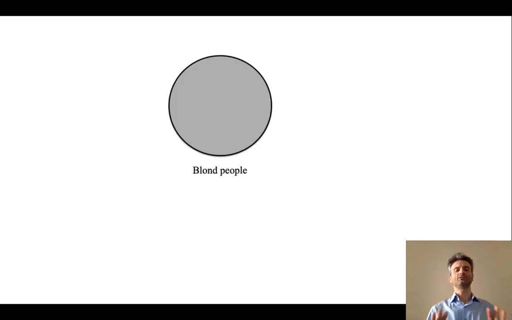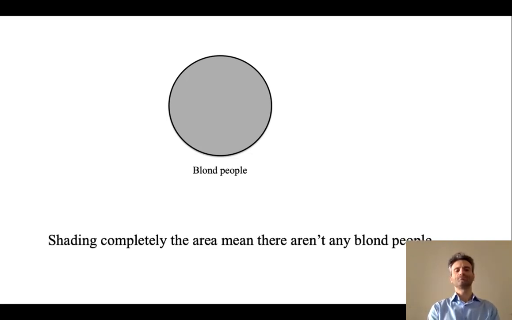And if I shade completely the area of the circle, I shade it. Now, by shading, remember this, when you shade completely the area of the circle, it's like you're putting a lid on it and nothing goes in. So it means there aren't any blonde people.